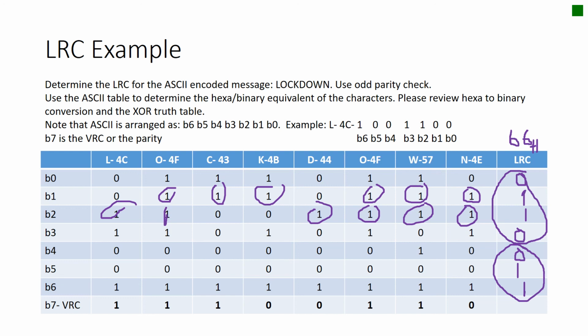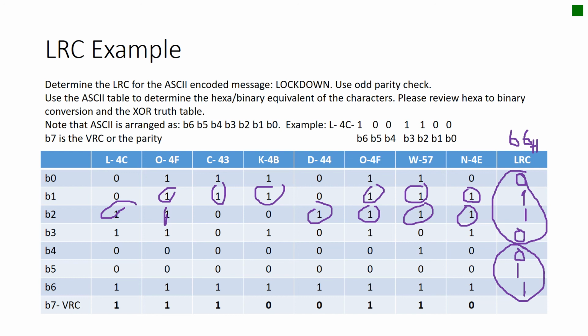If your message is consisting of 100 characters, for example, you will need to send 1 VRC bit per character. So you will need to send 100 additional bits for error detection because 1 character will need 1 VRC. Okay, so a 100 character message will need an additional 100 VRC bits because 1 VRC per character.